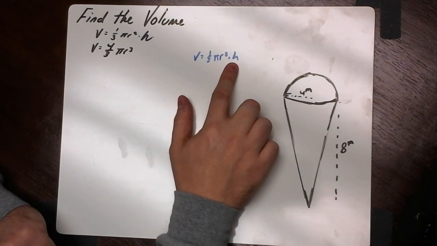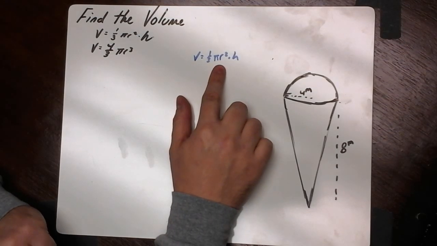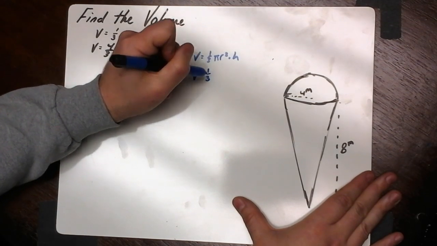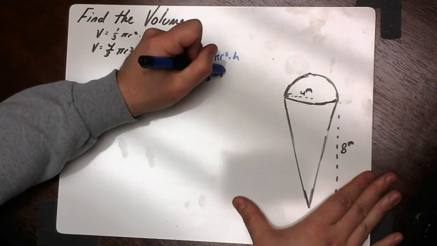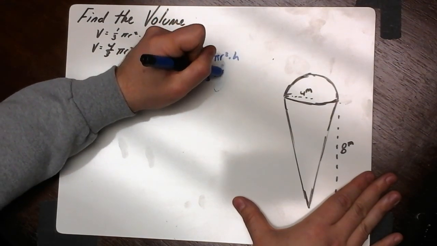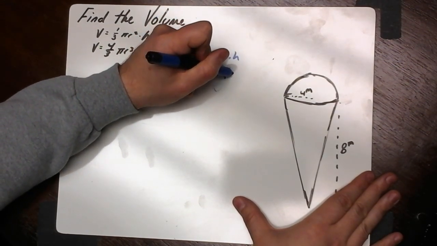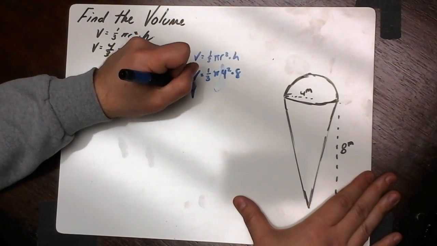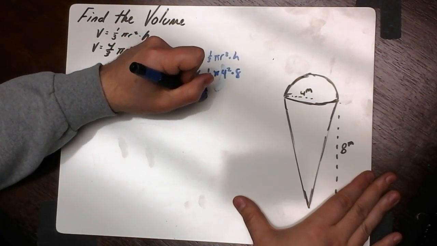So I have the height, which is 8, and the radius is 4. So that's going to give me 1/3 pi 16. Well, let me punch that in for you so you guys can see it. 4 squared times 8.